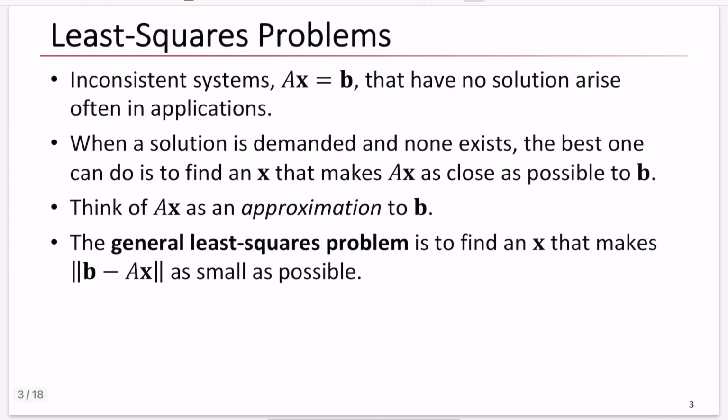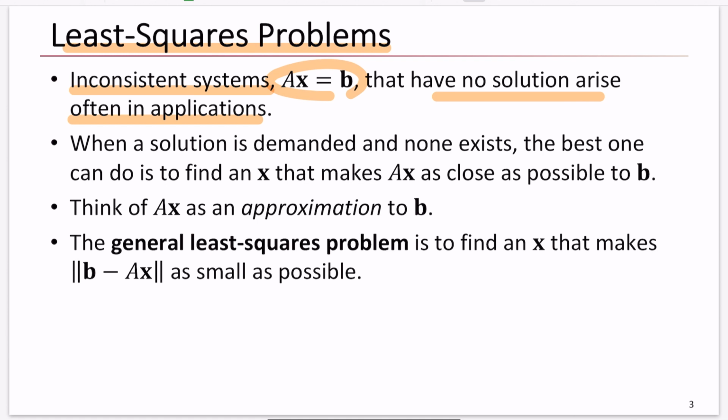First of all, the least square problem wants to solve the following. The inconsistent system Ax equals b has no solution. Most applications are going to be inconsistent systems.